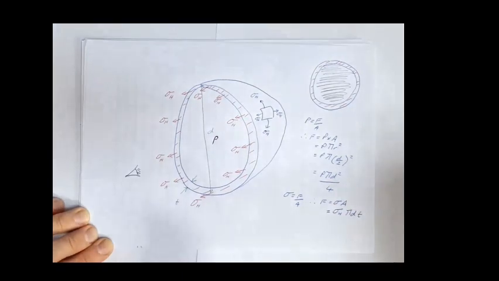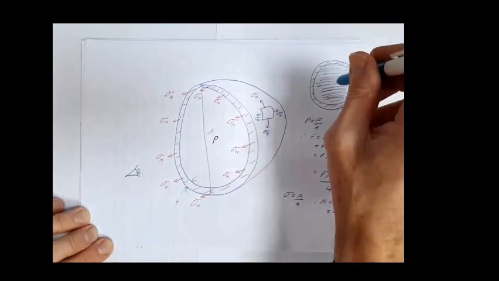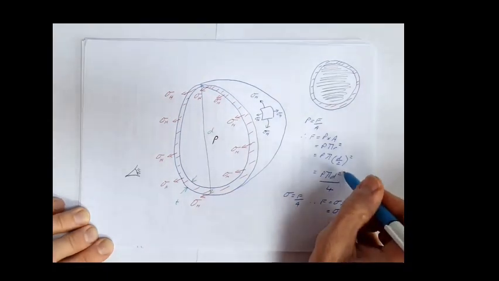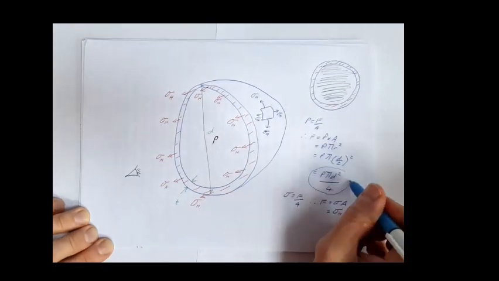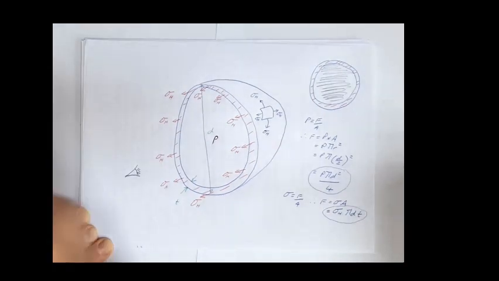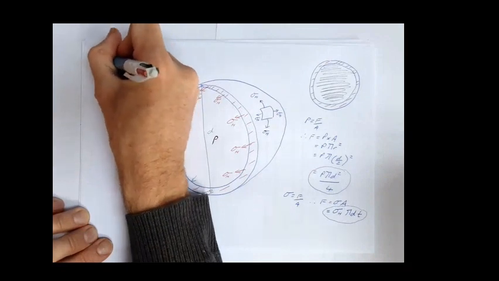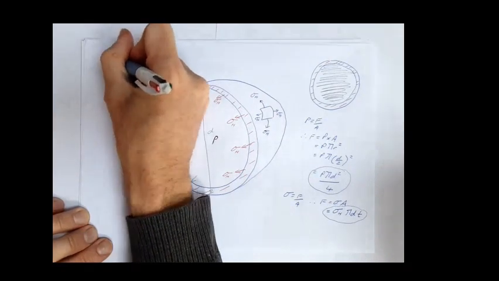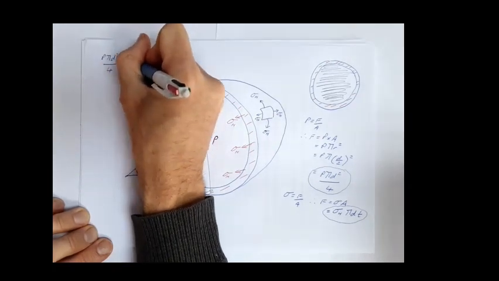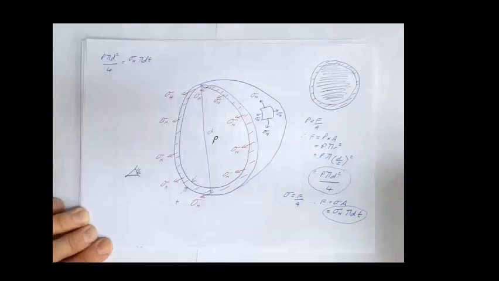Okay, and then we know this is sat in equilibrium, so we know the forces going into the page are the same as the forces coming out of the page. So we're going to equate this to this. Forces in both directions are equal. So we can simply say P pi d squared over 4 equals sigma h pi d t.